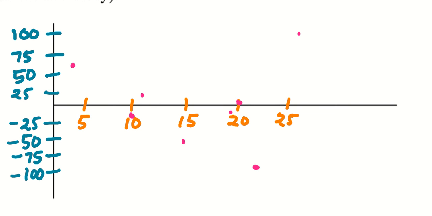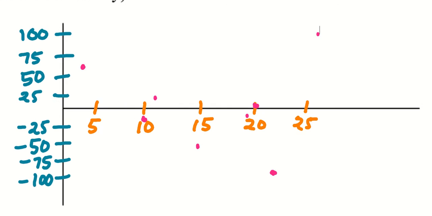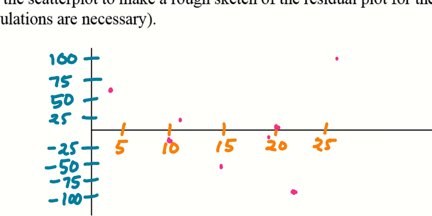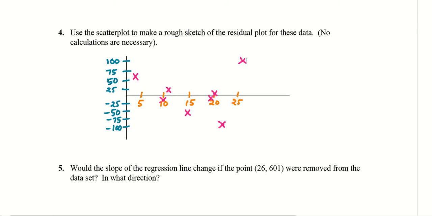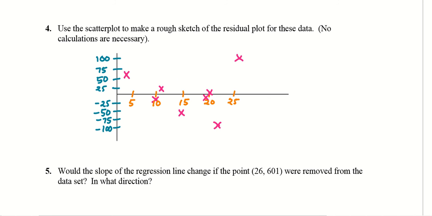Now, it's hard for me to mark it on the screen, so it might help if I show you just X's here. And then when I zoom out, you can kind of see your residual plot there.